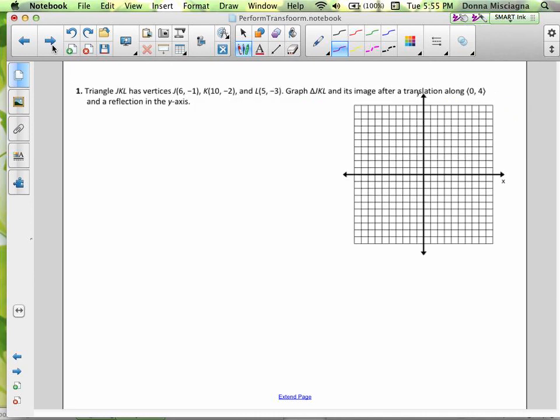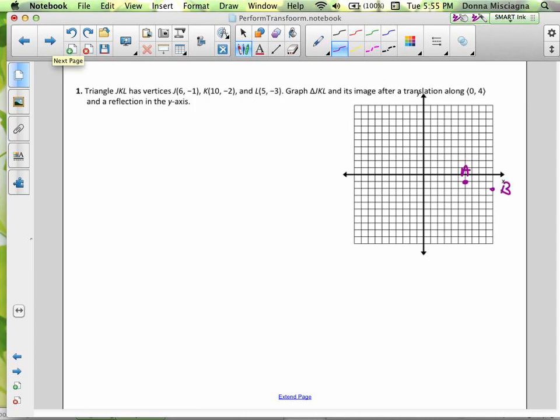Let's continue on. This one is not in your notes. We have triangle JKL with vertices J at 6, -1. So 1, 2, 3, 4, 5, 6, -1. There's J. K is 10, -2. 1, 2, 3, 4, 5, 6, 7, 8, 9. Oh, it goes right to the end. 10, -2.